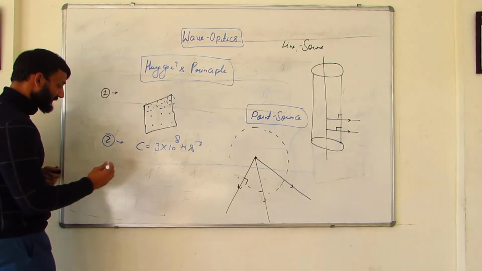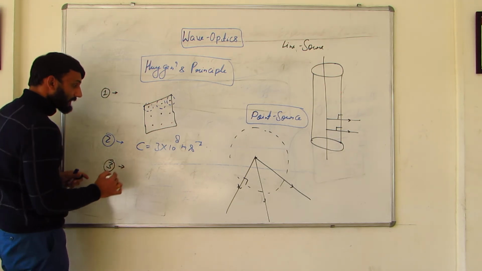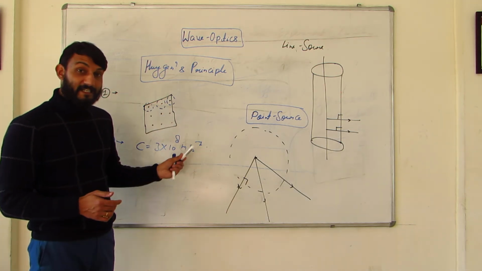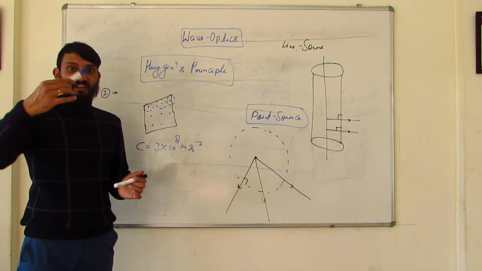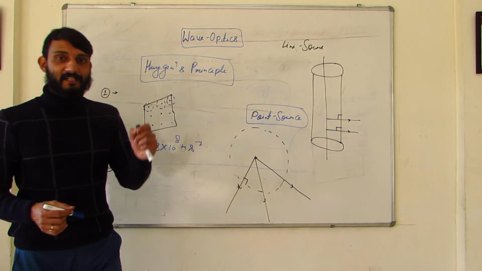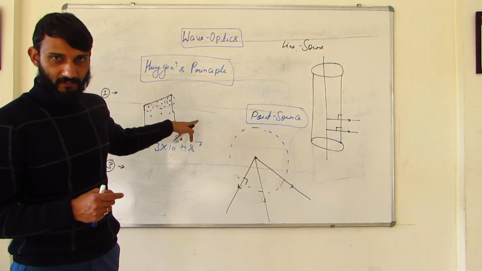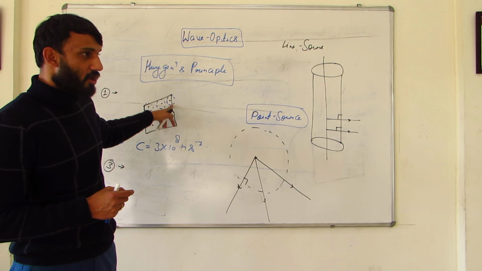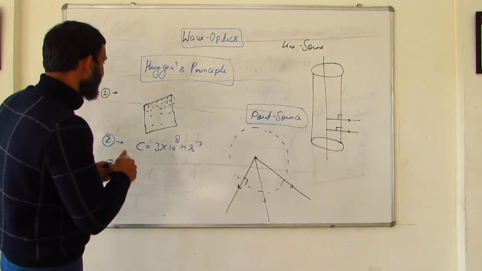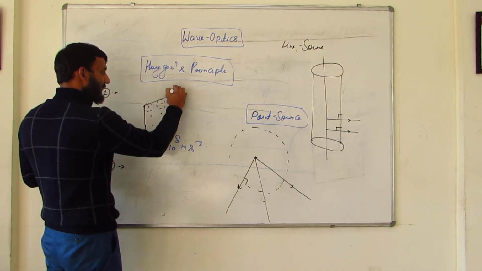And the third thing which he said is that if we draw a tangent to these waves in the forward direction, which waves? Which are made up by the points on the wavefront. The tangent drawn in the forward direction to these waves gives us a new wavefront.